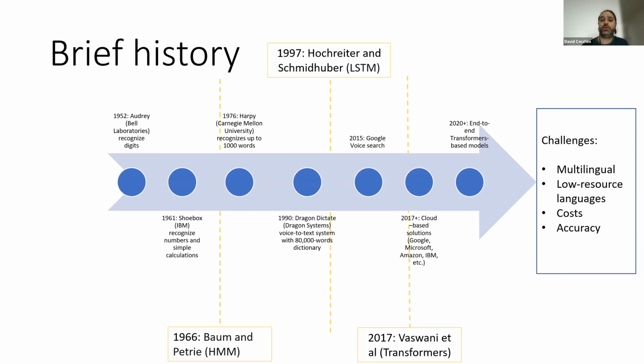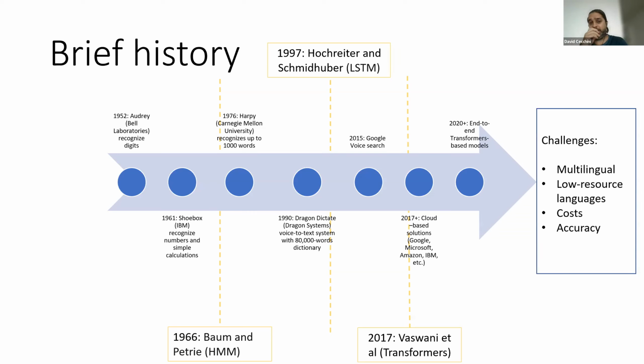Later on, IBM released Shoebox in '61, and it was a little bit better. It was able to recognize numbers, but also do some math between the numbers. So you could do addition, subtraction, multiplication, and division. So it was an improvement over Bell Laboratories' Audrey, and it was already something interesting.